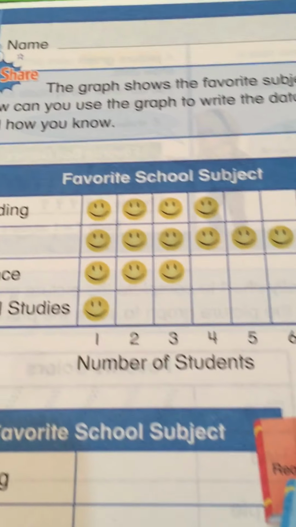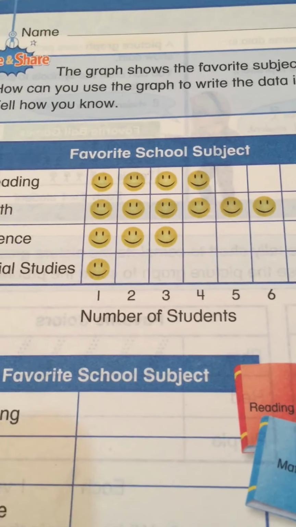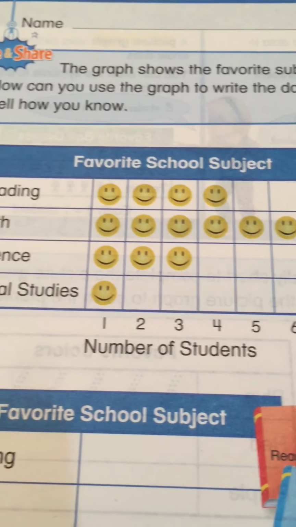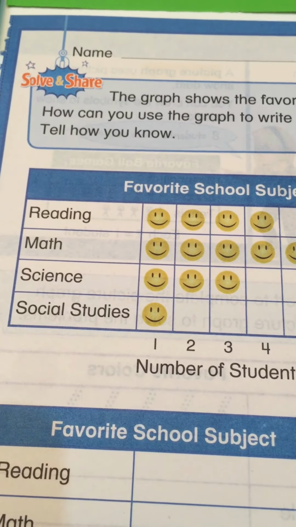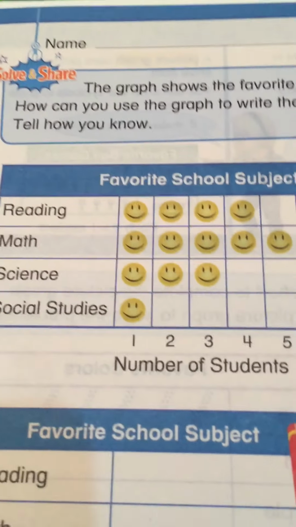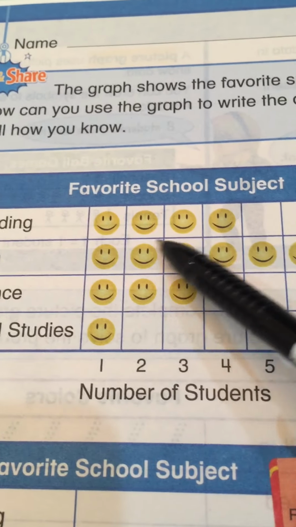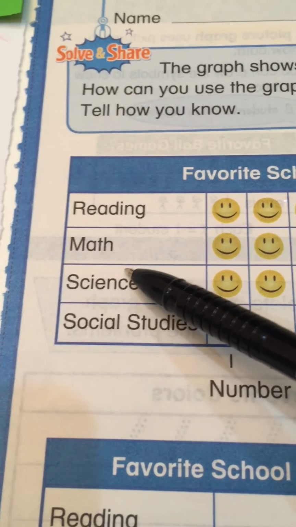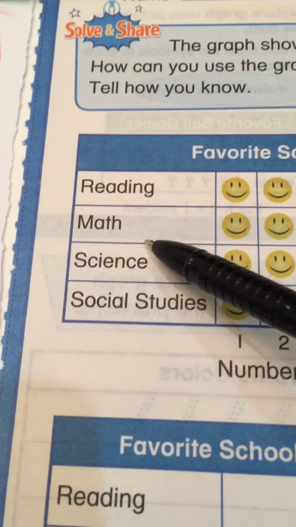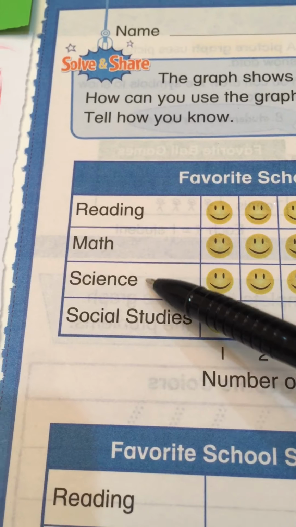So they give us already here. If you look in your book, you see these smiley faces. These smiley faces represent every student. So each one is one student. Here is representing the number of students, and here is the activity or the subject they like, or their favorite subject.